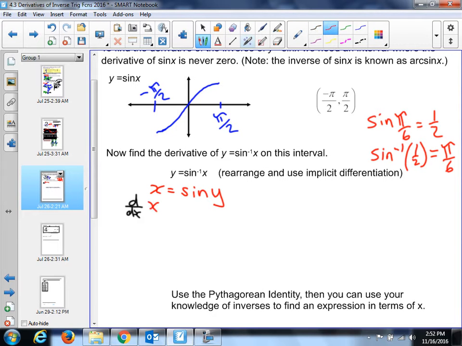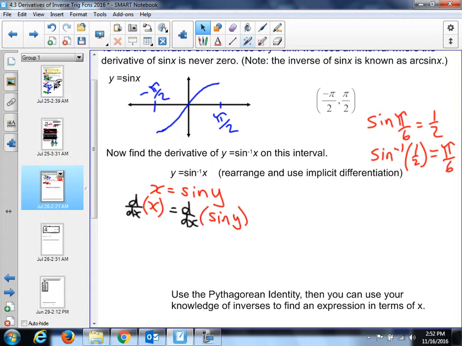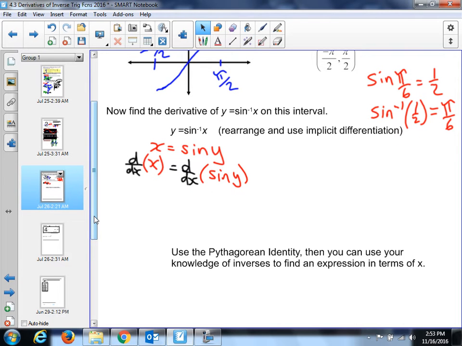Of the x expression is equal to d by dx, taking the derivative with respect to x. I think the left side you guys got down. Hope so. It is 1. And the right side, I think you got it down.